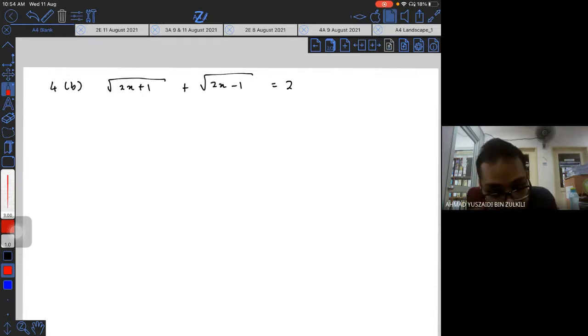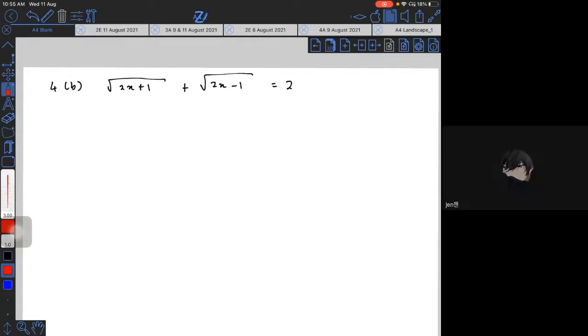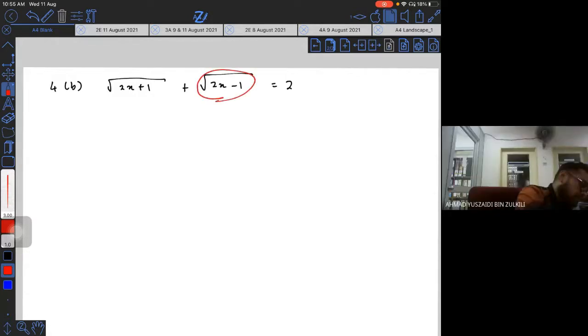Next step what? Move the square root of 2x minus 1 to the other side. So you get square root of 2x plus 1 equal to 2 minus square root of 2x minus 1.